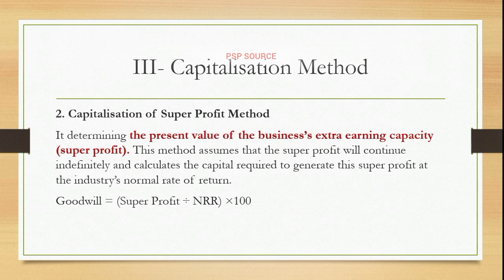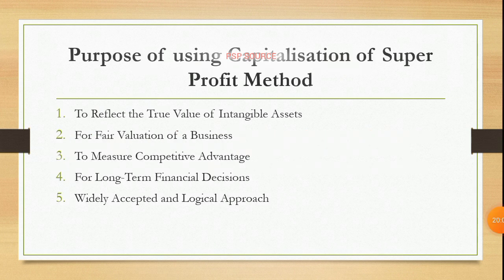So the formula is: goodwill equals super profit divided by normal rate of return.